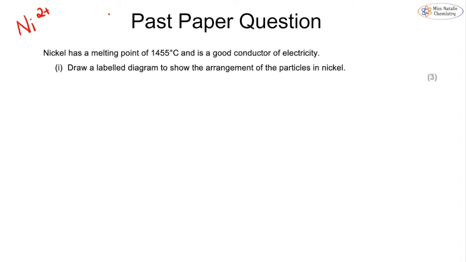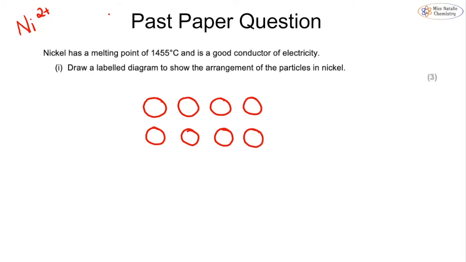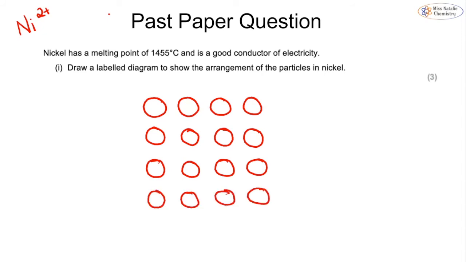I would say in general, you want to draw out at least a 4x4 diagram, just so that you can clearly see that you're covering all of your bases. So you're going to draw your circles regularly arranged, and these are going to become my cations. You can see I'm trying to evenly space them all out and make sure that they're staying in a row.